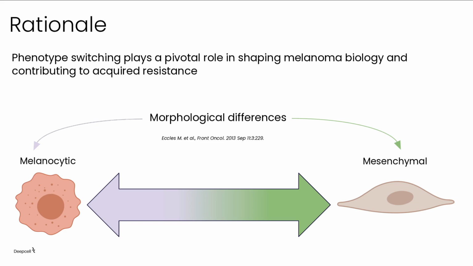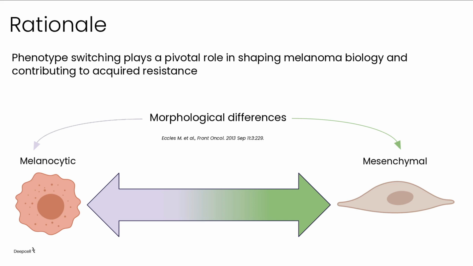The melanocytic cells have a more melanocyte phenotype with dendrites, whereas the mesenchymal cells, upon undergoing this invasive switch, look more like fibroblasts. So they're flatter and have less of these dendrites.